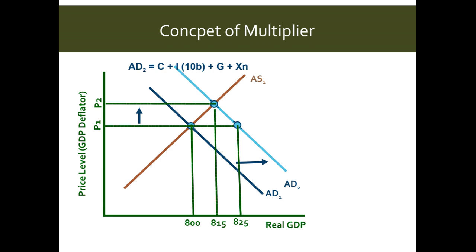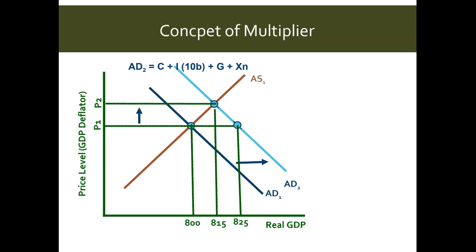We have methods to calculate this total impact. Notice one thing: the 825 in this diagram is not the equilibrium. Equilibrium is 815. So why? When I know that aggregate demand shifts by $25 billion, why is the new equilibrium only 815? Why not 825? This is because, notice, at the P1 price, the aggregate supply curve is $800 billion.